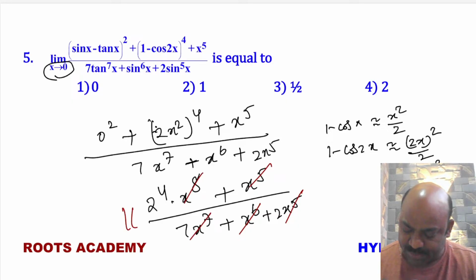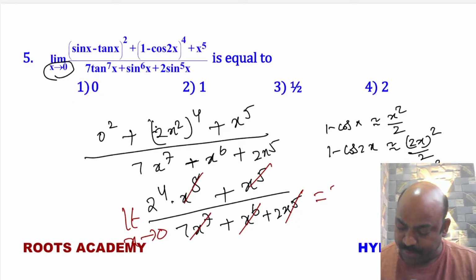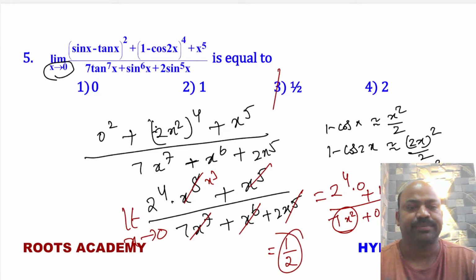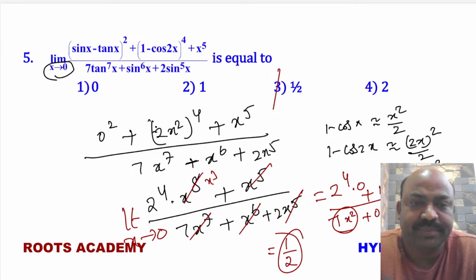When I cancel x power 5 in the limiting case, what is left is 2 power 4 into x cube, so x cube means 0, plus 1. In the denominator 7x square is left, which also will become 0. Here it is 2. So the final answer is 1 by 2. That's it. Clear? Are you there?